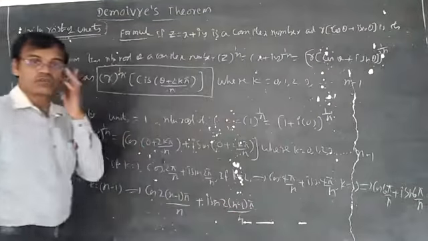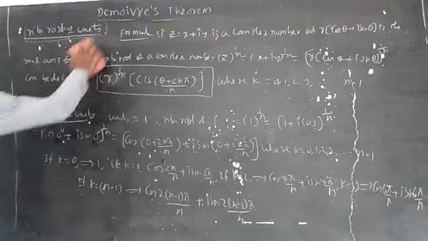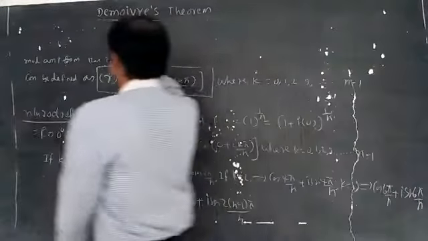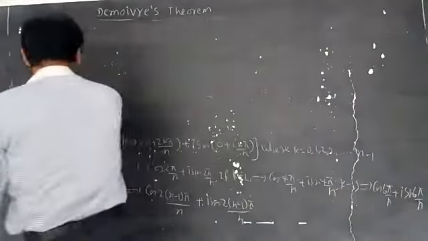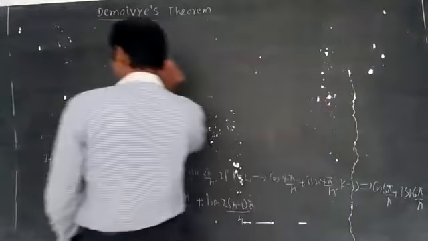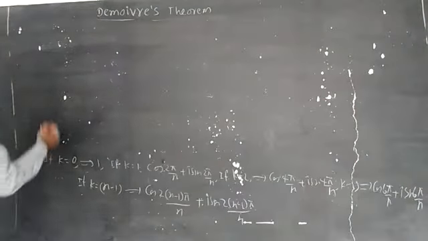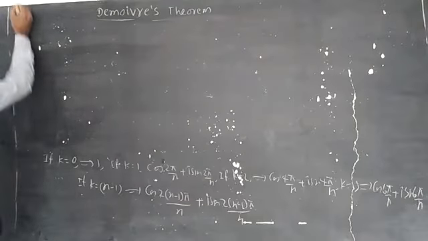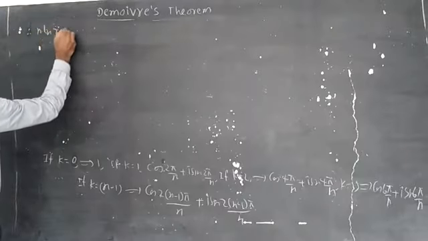These are the values. Now we are going to discuss the difference of roots, I mean the difference of the values of nth roots of unity, and its properties. Therefore, nth roots of unity.